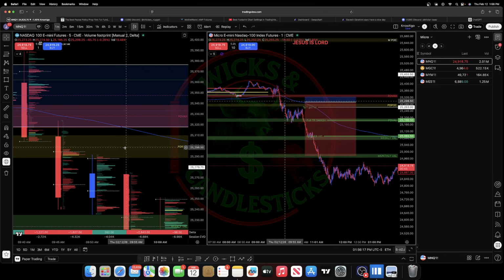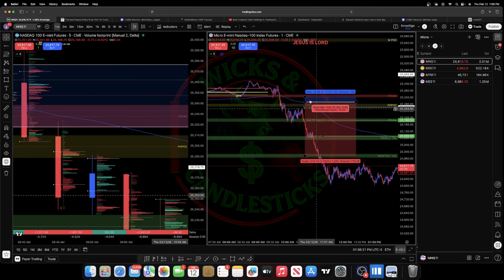I wanted to start off with a blank canvas on NQ, but as you see here, I got into the trade right here, and my full TP was right here. This was the 119 points or whatever right here.